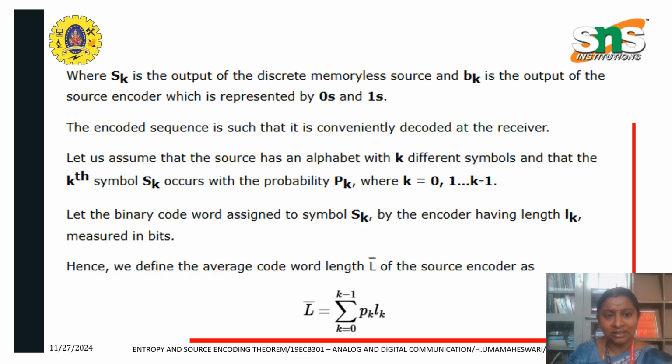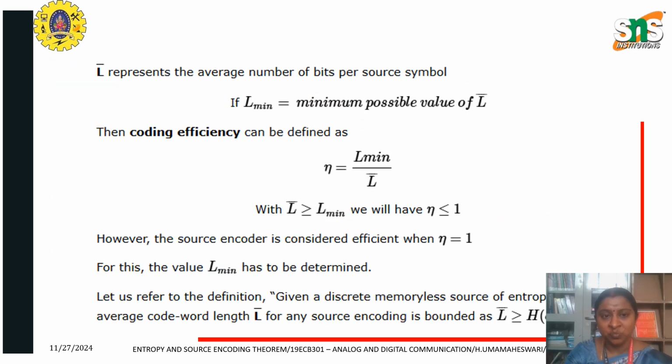This is the representation of the source coding algorithm. Here we define the average code word length L bar of the source coder as L bar equals summation of Pk Lk. Then the coding efficiency is defined as eta, which equals L minimum divided by L bar. L minimum is the minimum value of length, and L bar is the average code word length.